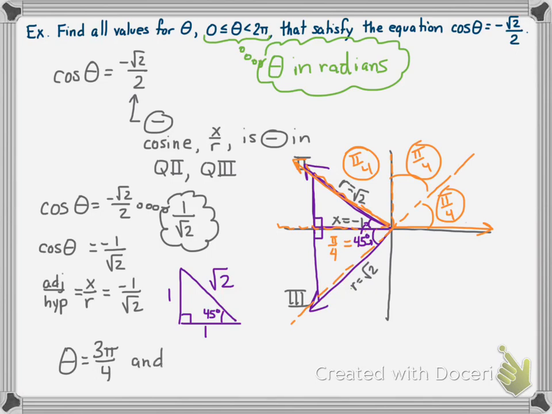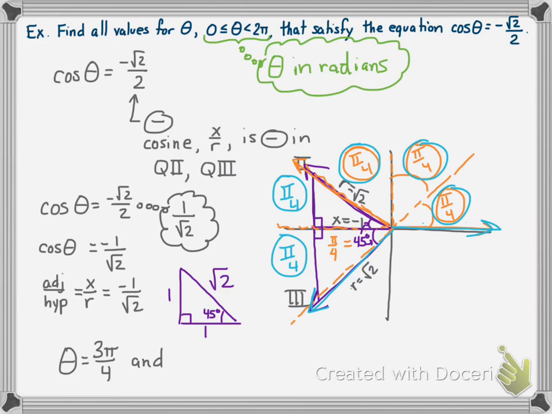And for our second angle, we have 1, 2, 3, 4, and 5 of these pi over 4s to get to an angle in the third quadrant with a reference angle of pi over 4.